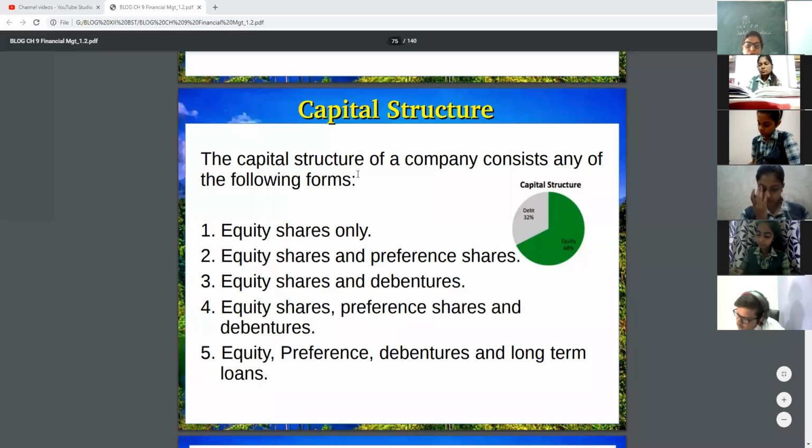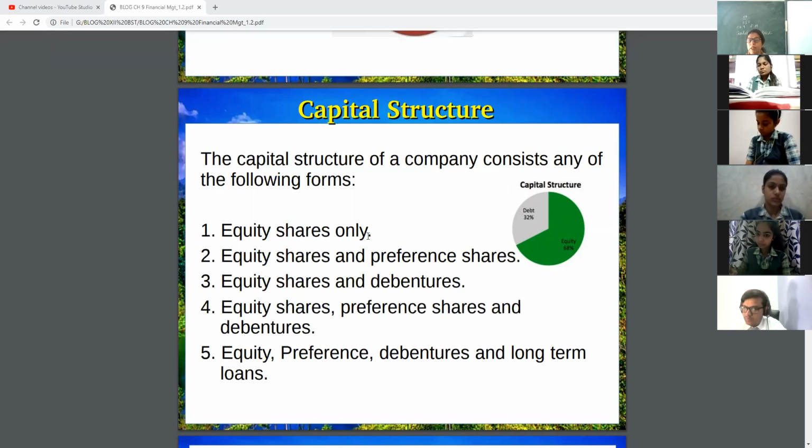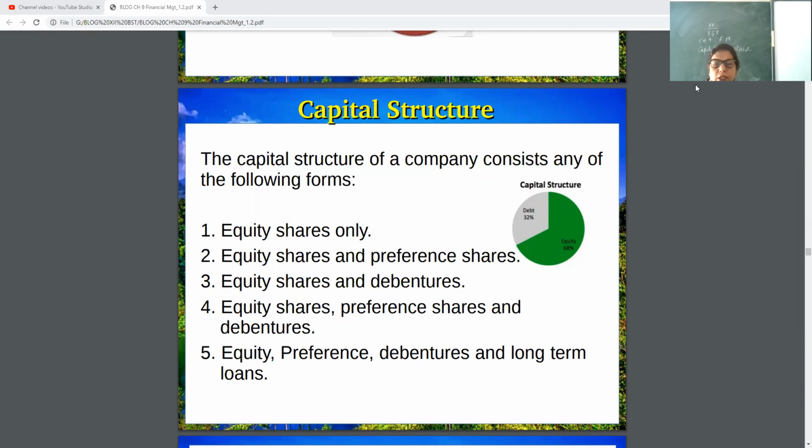Company can choose any capital structure. If you want to start the business, it's your choice whether you want to take a bank loan, issue debentures, or issue equity shares. It is the policy of the company what capital structure they want to make.